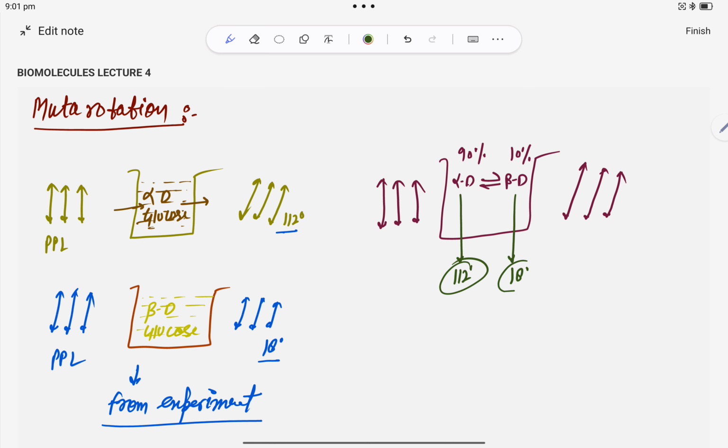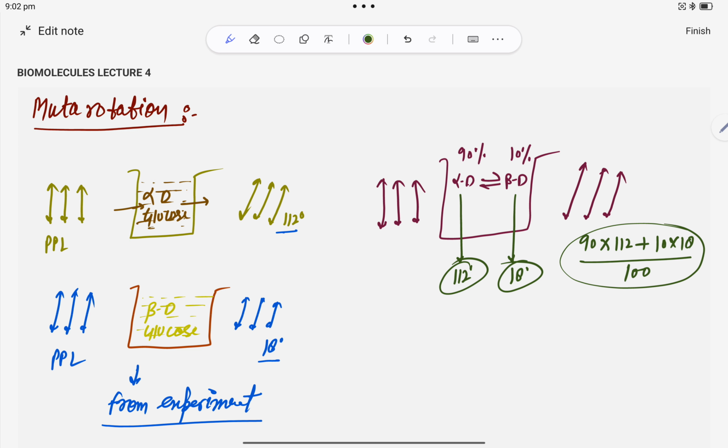We know alpha-D-glucose rotates 112 degrees and beta-D-glucose rotates 18 degrees. More alpha is present, so according to the percentage, you can find the angle: 90% into 112 plus 10% into 18, upon 100. By this formula, you can calculate the angle.